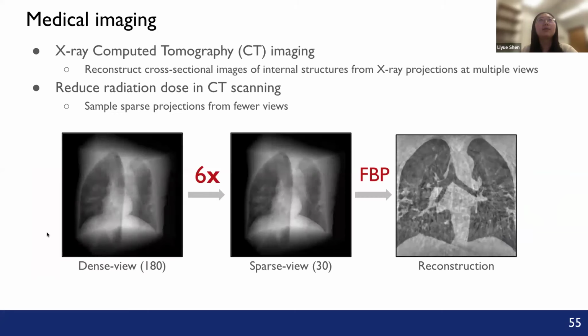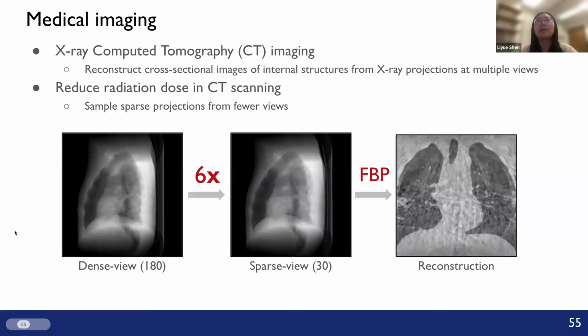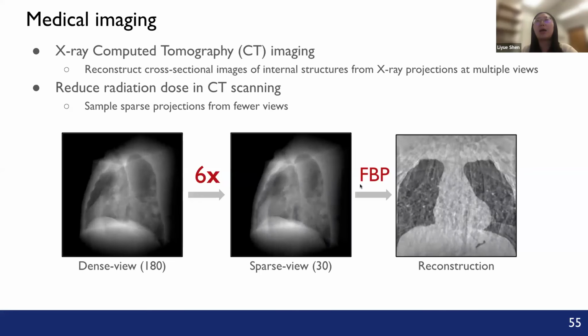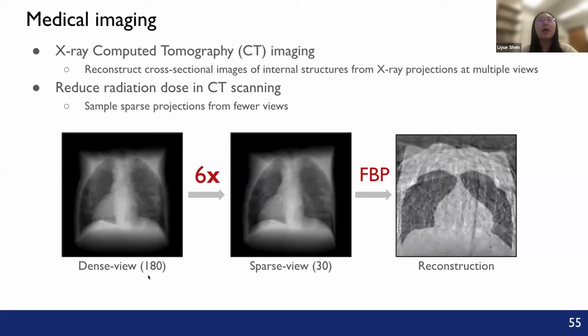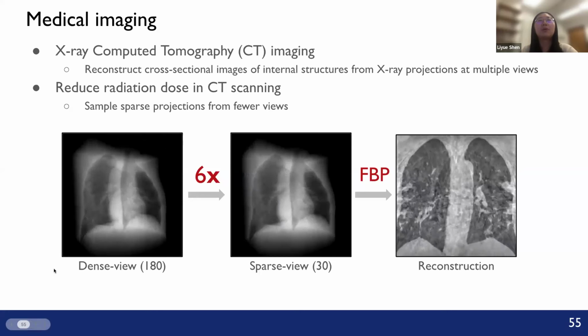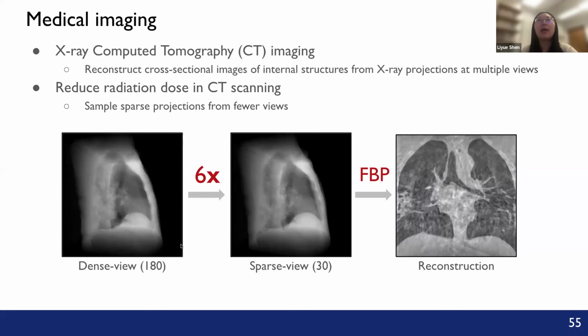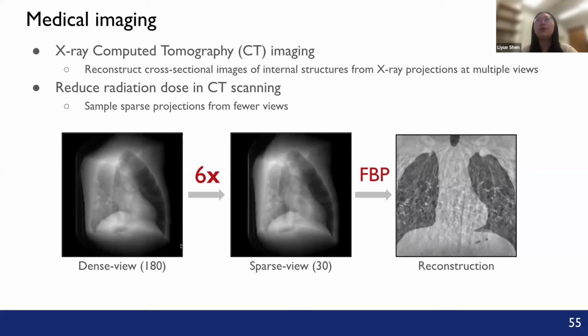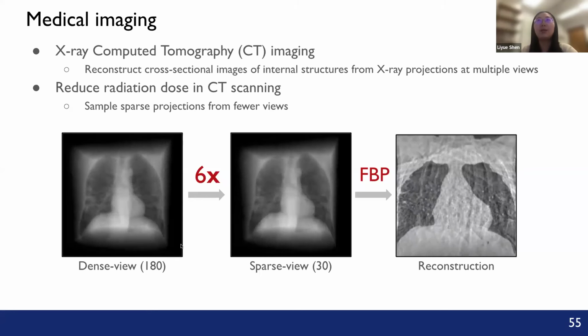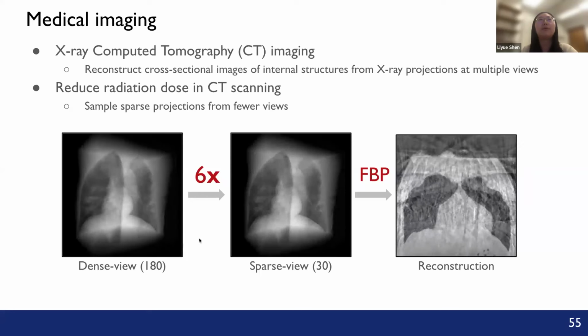And this shows some specific examples of how we get the projections and how we do the reconstruction. If we have a dense sampling of the projections at different angles, we will be able to reconstruct artifact-free images of the 3D data, for example.